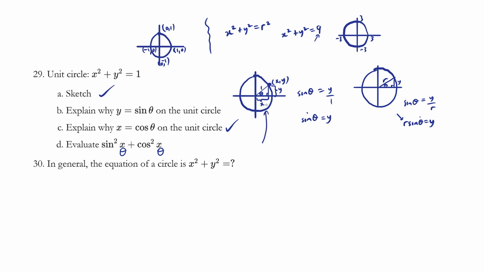Let's use our memory. We recall the Pythagorean theorem that x squared plus y squared equals the hypotenuse squared, and we memorize that x means cosine theta, and this happens to be all squared, plus y squared, which is sine theta all squared, equals 1.